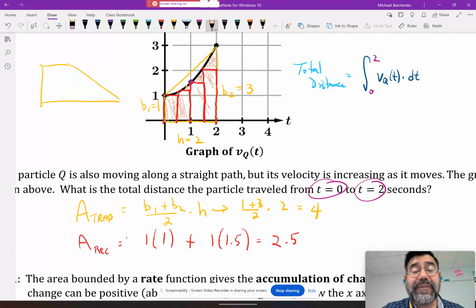That's going to be the length of each base. And then the height is really just based on the y-coordinate of the curve at that particular x-coordinate. So using rectangles and trapezoids, we're going to approximate these areas. We're not going to get the exact, but we can get pretty close.